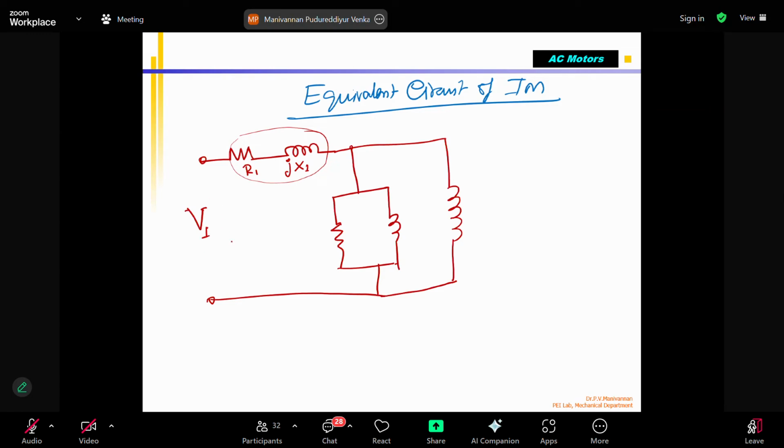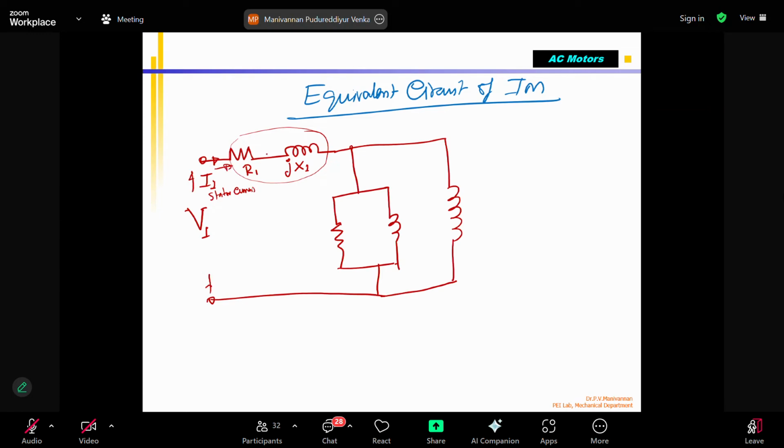This is the input voltage applied to the stator, and because of that there's a current flow. I call it I1, the stator phase current. Because it is three phase and we are showing one phase, it is called stator phase current. Because of the voltage applied across these two terminals, there is a current flowing in the circuit.